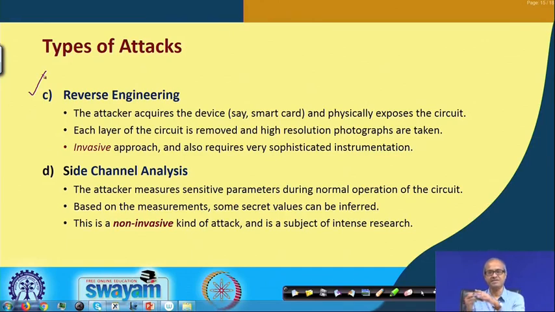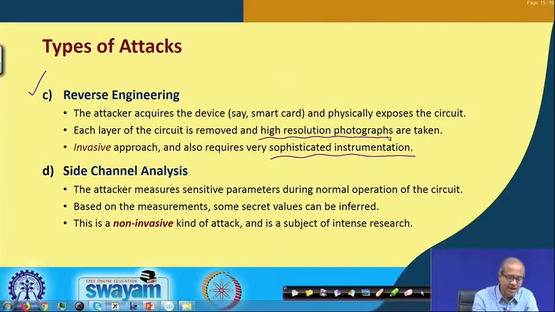This is called reverse engineering, and of course, removing the layers one by one and taking photographs and getting information is an extremely sophisticated process, and you need very sophisticated instrumentation for this reason, and you need very high resolution photography. Okay. And of course, reverse engineering is obviously invasive, because you are destroying everything, layer by layer.